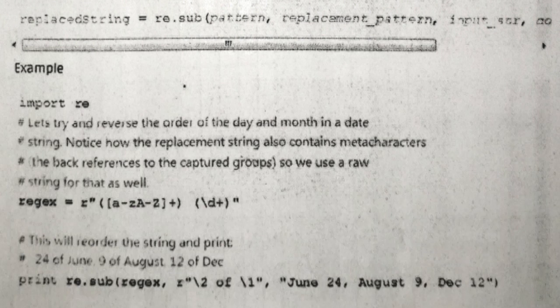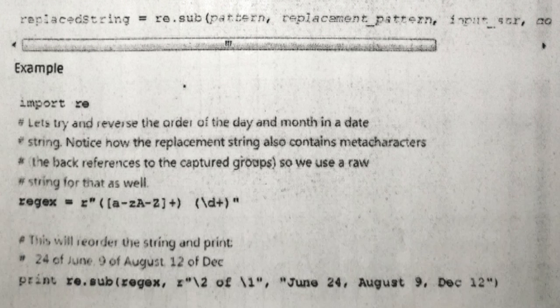Whenever we want to display output like this, where replacement is needed, we make use of the sub method. This is a new method which we are going to use. re.sub in a round bracket, just provide the pattern, comma. That is the main pattern in which we have specified the groups, which is group 1 and which is group 2.